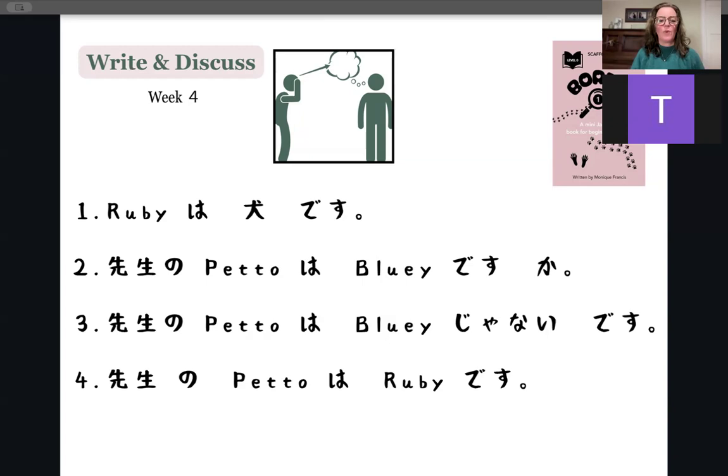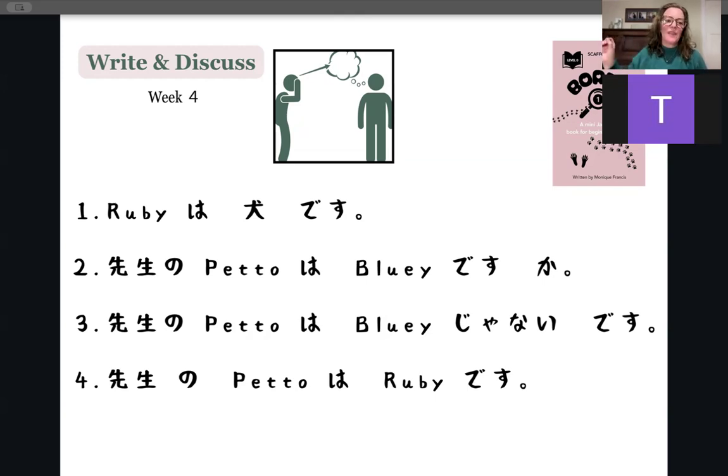document on the whiteboard, and I might be saying, minasan, Ruby wa nan desu ka? Ruby wa, again, you can prompt them. Ruby wa, tori desu ka? And then they will pop up with hopefully the right answer.